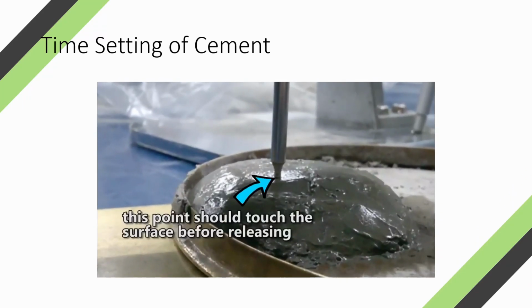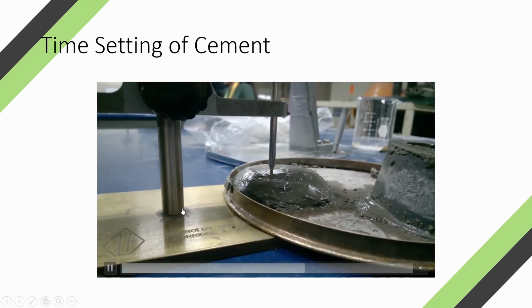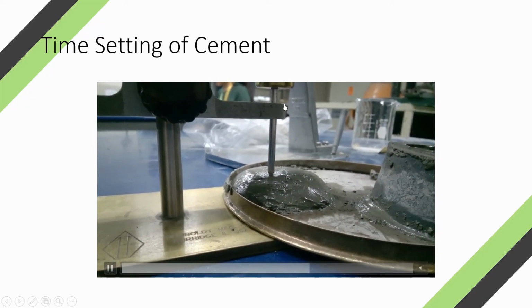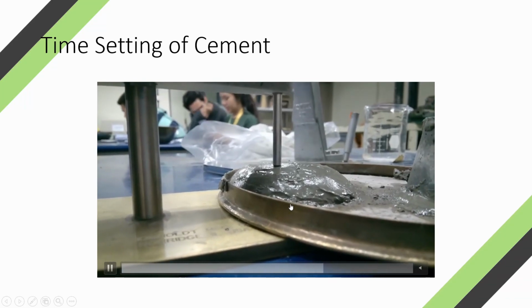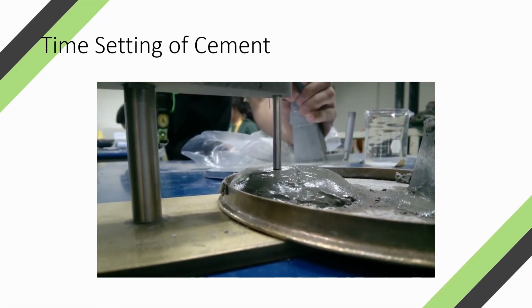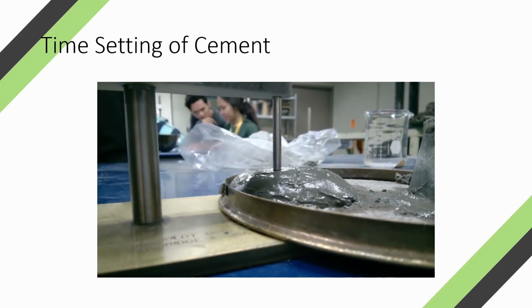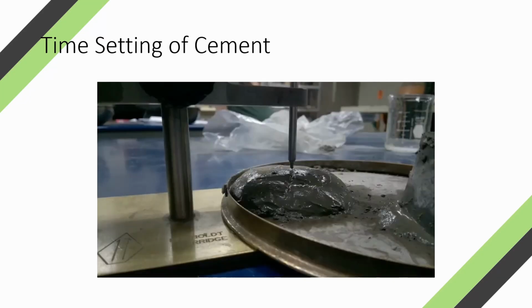Ito yung sinasabi na calibrated mark. So sa 1/4 pound na needle, hindi dapat mag-touch ito tsaka yung top ng cement paste ninyo. No touch. Ayan. Wait another 15 minutes.